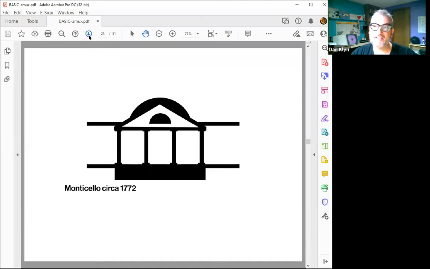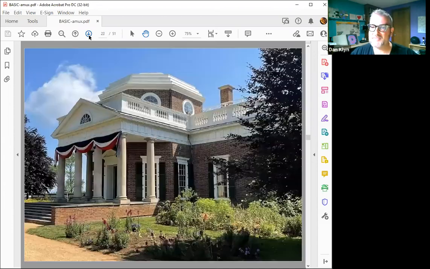And other kinds of association. There is an association of material. The finer material is typically associated with finer ideas and finer ideals. It's pleasant for me as an American to find fairly modest materials here at Monticello.